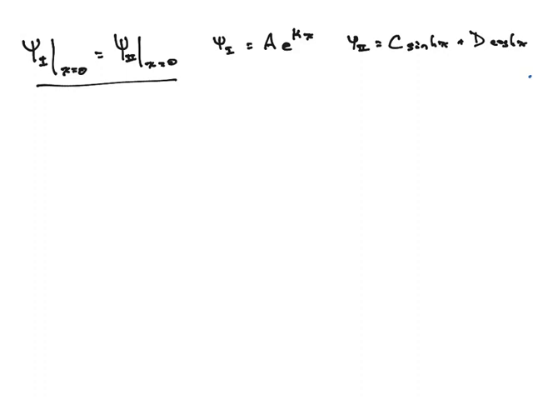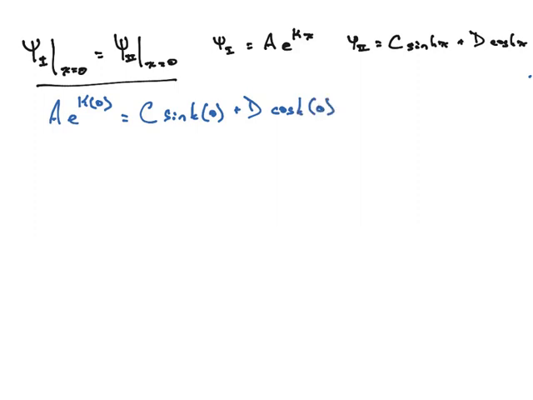Let's go ahead and plug everything in. Psi1, where we plug x is equal to 0: a e to the kappa times 0 is equal to psi2 when x is equal to 0: c sine k times 0 plus d cosine k times 0.